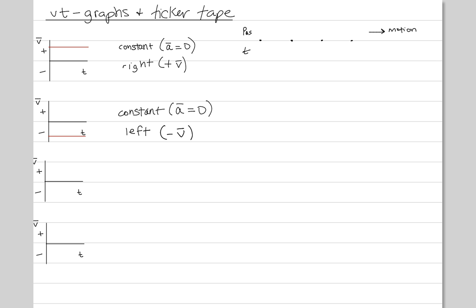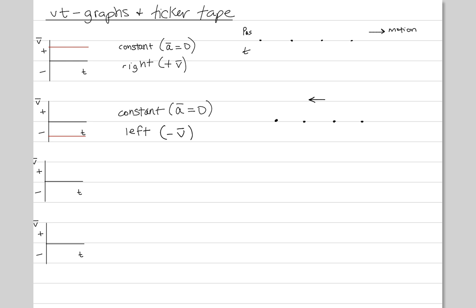Now when you draw your ticker tape, or if you were just watching a car drive over time, you'd see it there, then there, then there, then there, as the motion was going this way. You could imagine these dots as a car every second.